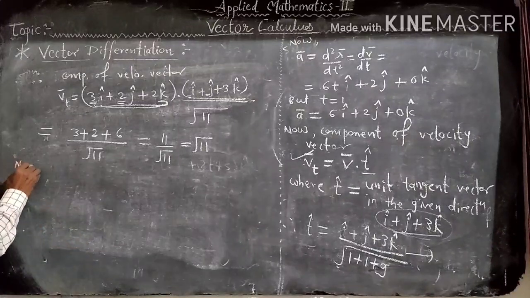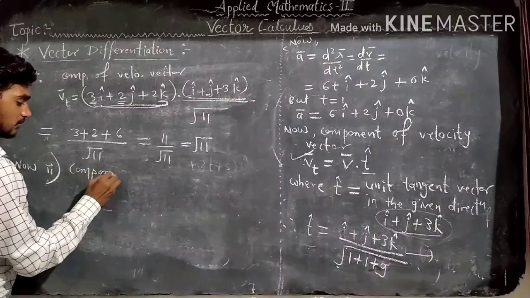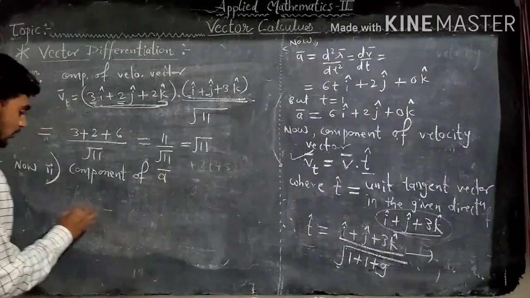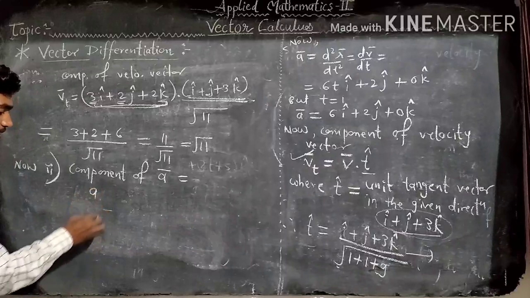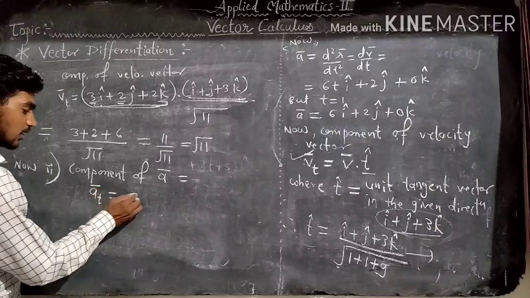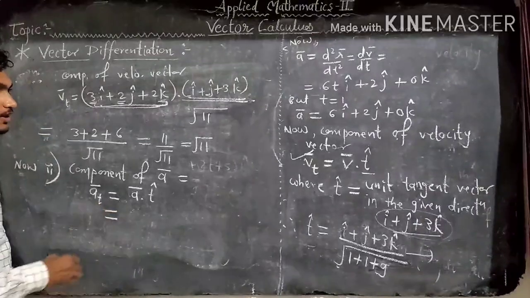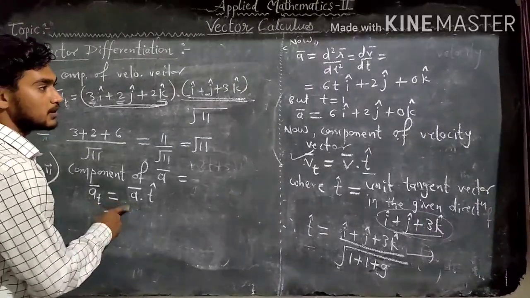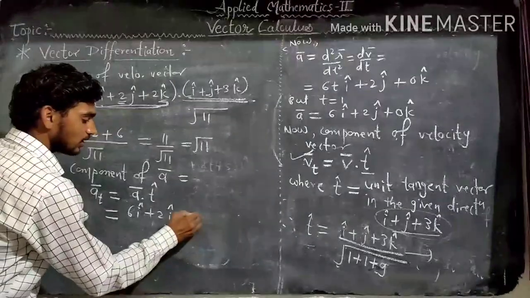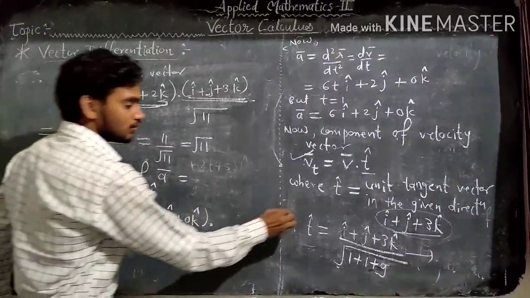Now second, we have to find the component of acceleration vector, which is equal to a t, the dot product of vector a with unit tangent vector t. And in this given example, vector a is 6i plus 2j plus 0k, dot product with unit tangent vector t, that we have already found here.